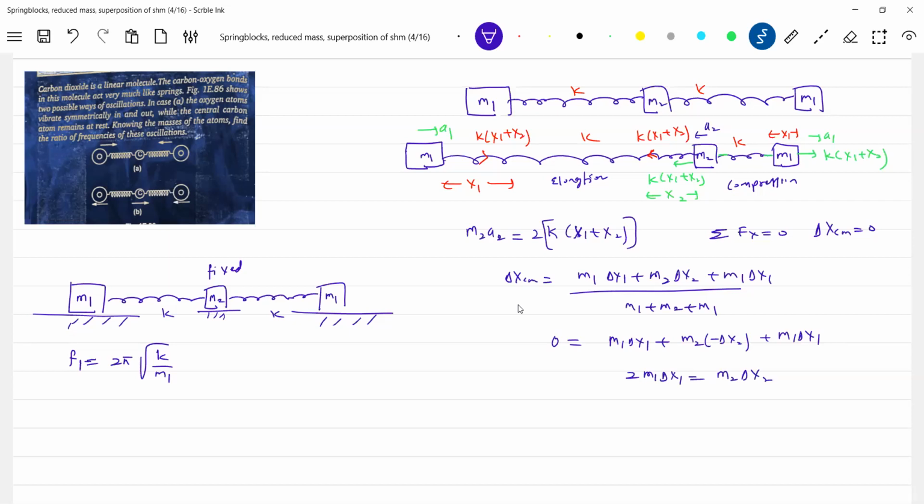What is the assumption we made? Displacement, this is x1, this is x2. Let me replace that x1 there. I'll substitute this in, put 2 in 1.